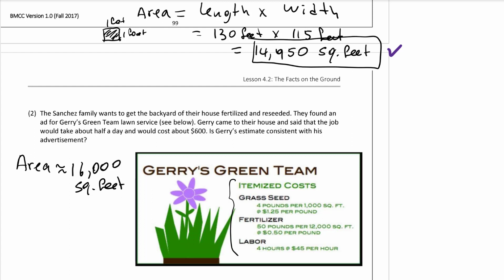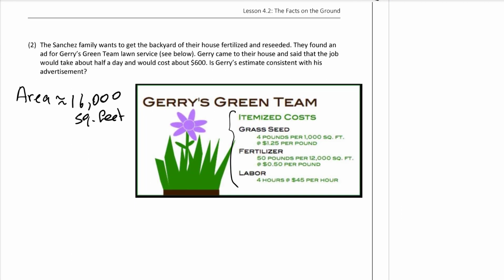Now, let's go ahead and start doing the calculations. We're going to start with the grass. All right, so let's write that down and then try. I'll give you a moment to see if you can calculate this. So 4 pounds cover 1,000 square feet.